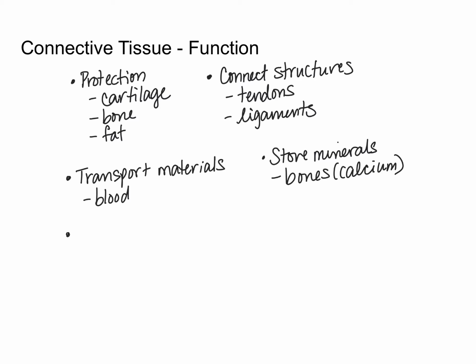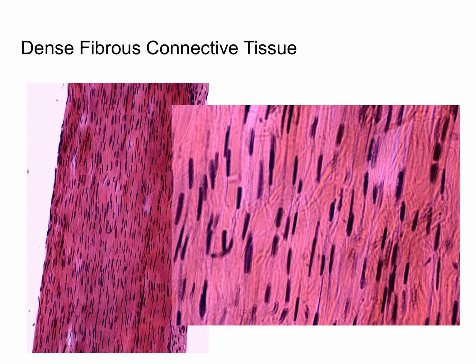It can provide support. So once again, the bones help to support you and help you stand upright. And there are more, but these are kind of the main functions that we're going to see in the different connective tissues.